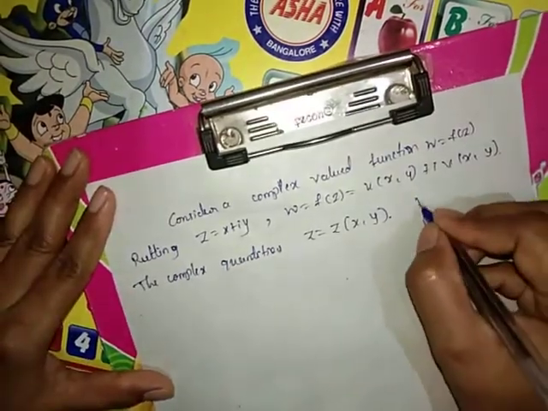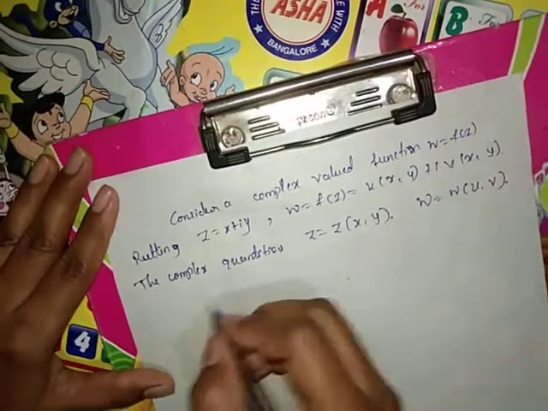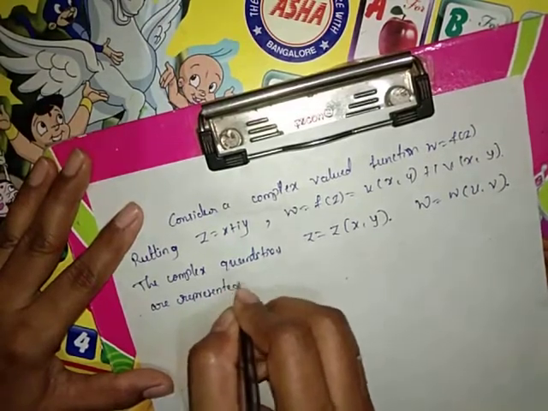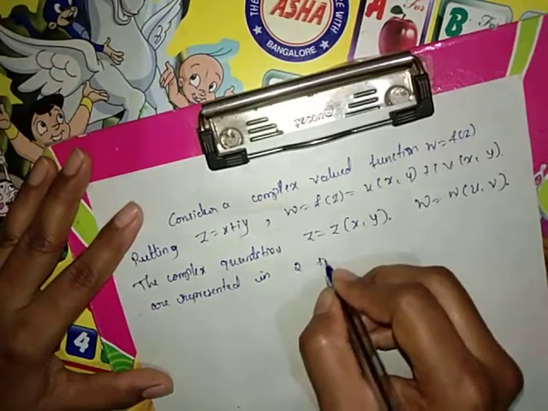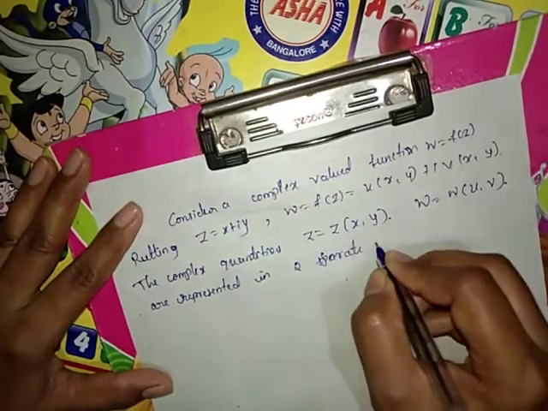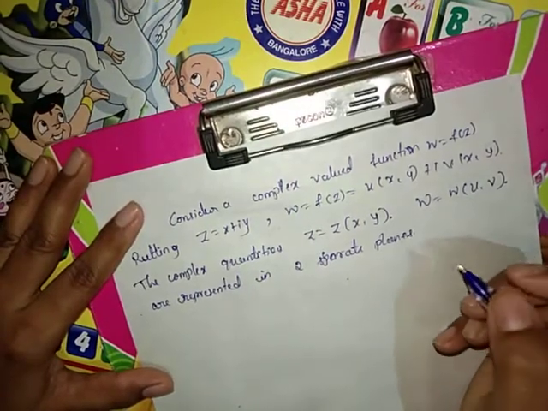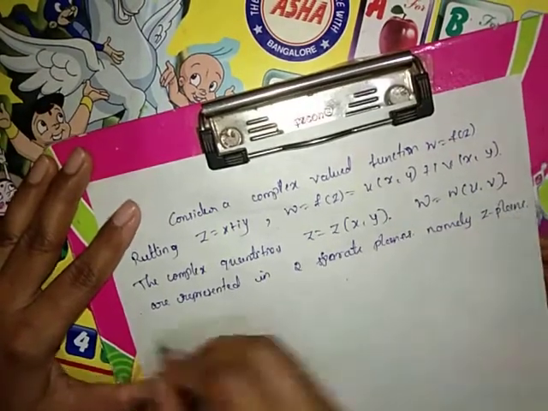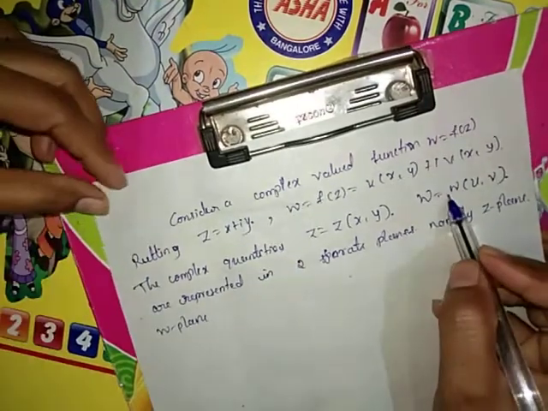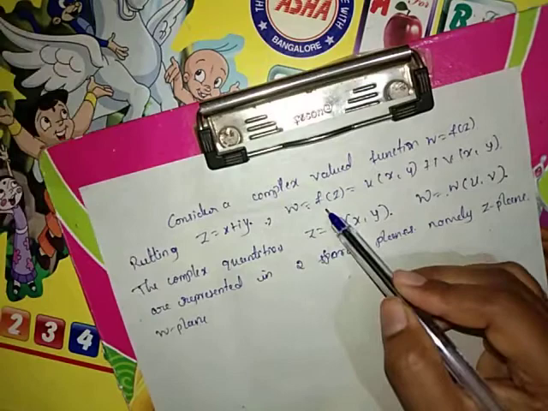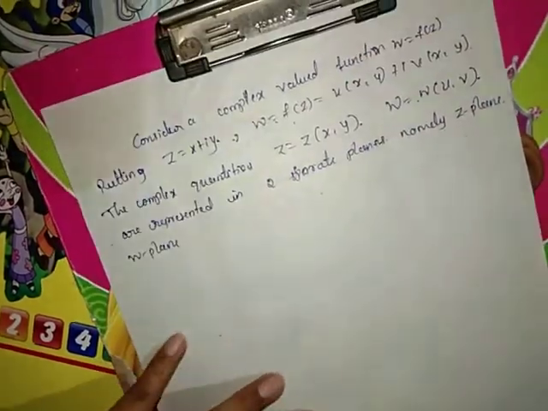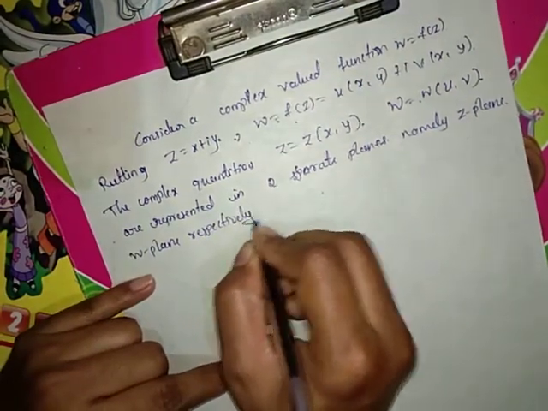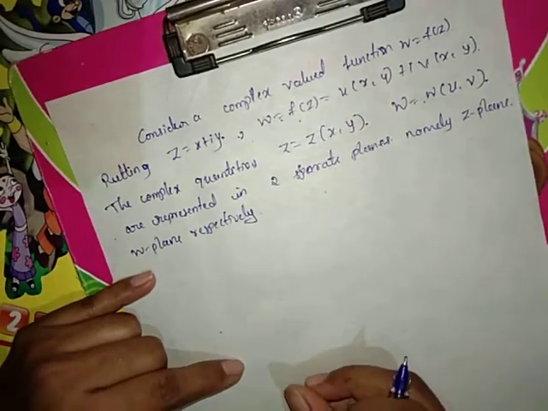Similarly, w is a complex number which is indicated by the point u comma v, represented in two separate planes, namely the z plane and the w plane. z is represented in the z plane, w is represented in the w plane respectively.